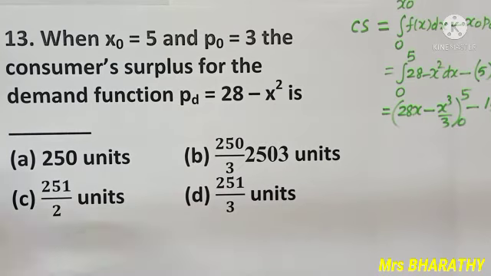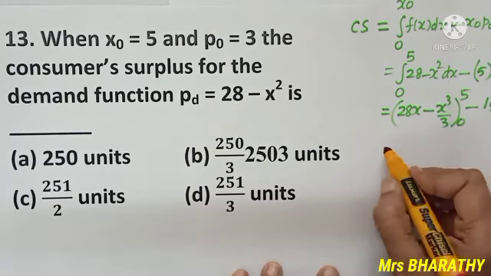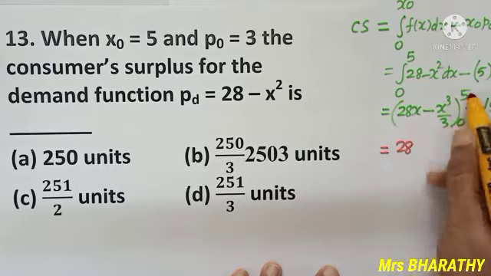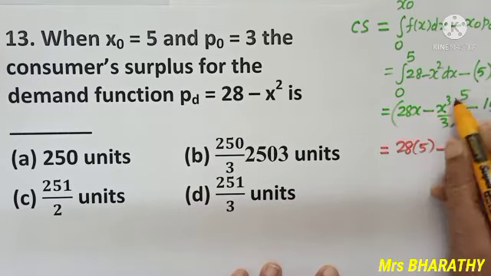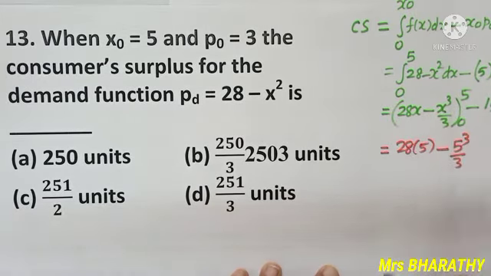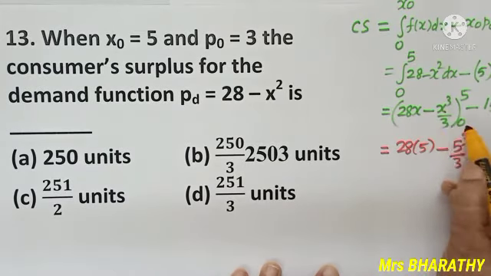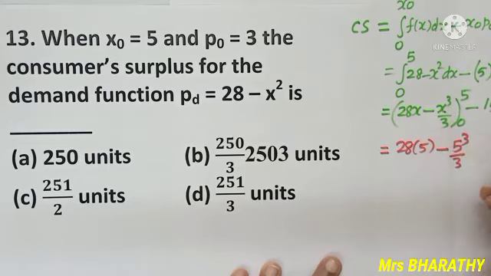As we try to simplify, putting upper and lower limit, 28 into 5 minus 5 cube by 3. When I put lower limit, 28 into 0, 0, x cube also gives me 0. So lower limit is 0, minus 15.